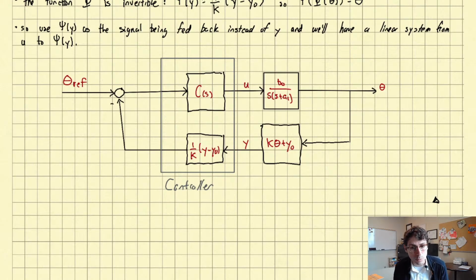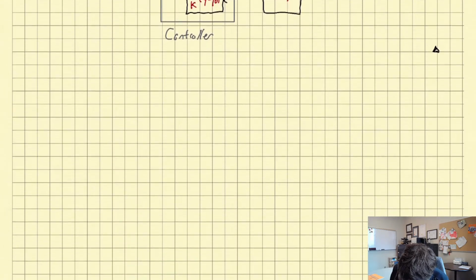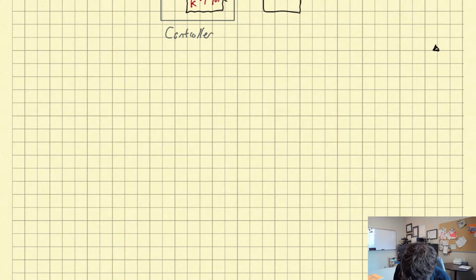What does that mean in terms of our implementation? So this is remark 5.3.2. Implementation on a computer.